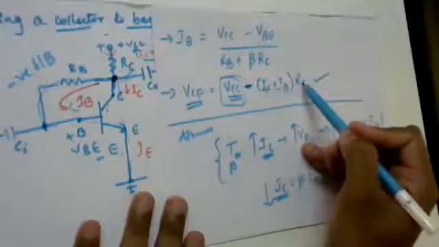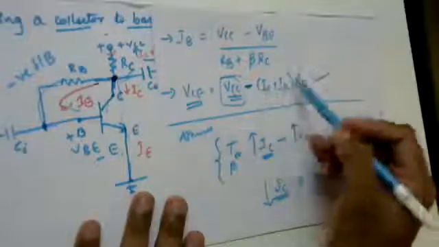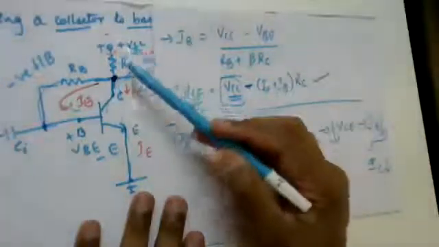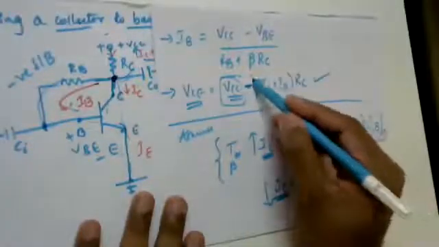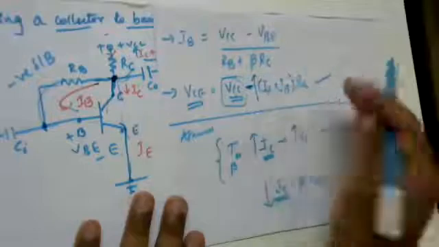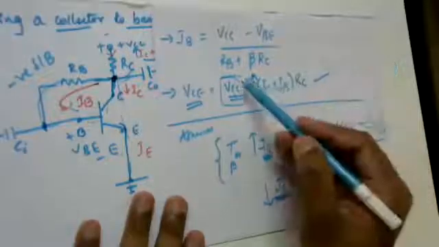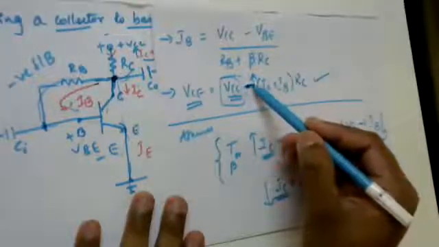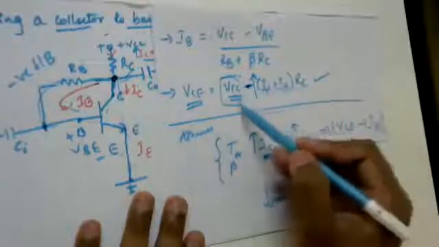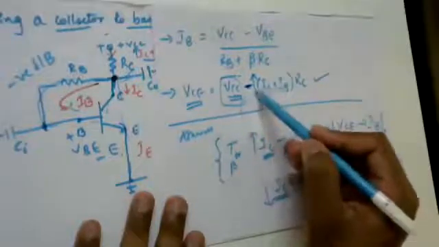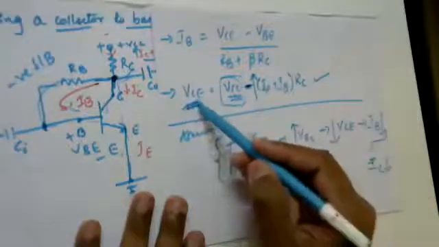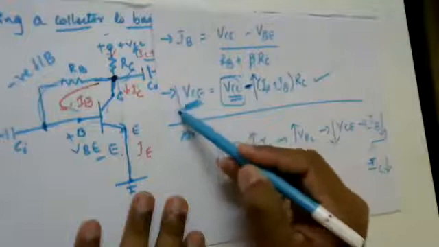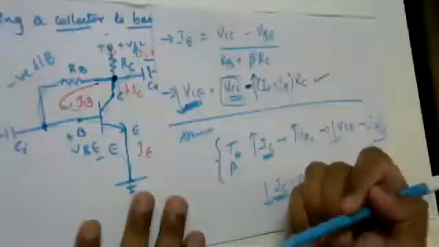So IC into RC drop is a voltage drop seen across this resistance. Since this voltage drop is increasing, I am subtracting a larger term from a fixed quantity. Naturally my VCE has to be a reduced value.